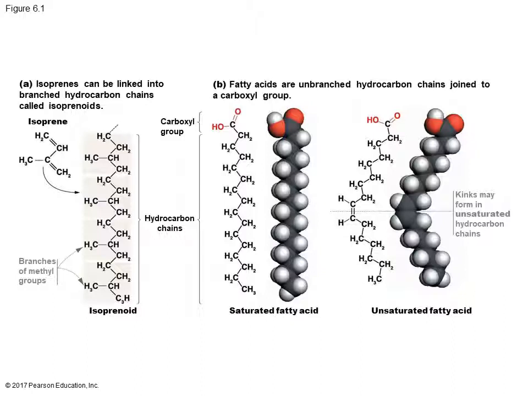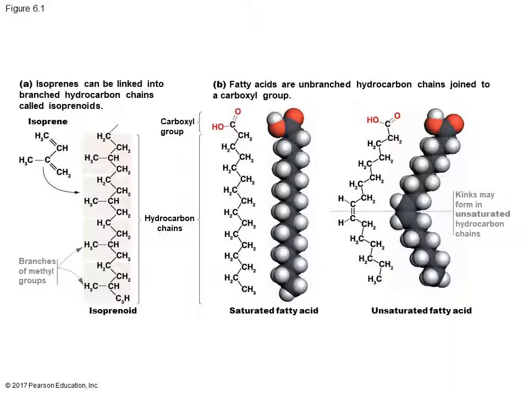If you look at a saturated fatty acid, which is in the center diagram, you see that the chain is rather long and straight, and there's all single bonds. There's no double bonds, and so this would be a saturated fatty acid. In other words, it's saturated with hydrogen. And then we have an unsaturated fatty acid on the right-hand side.